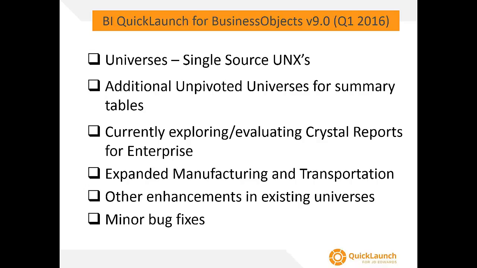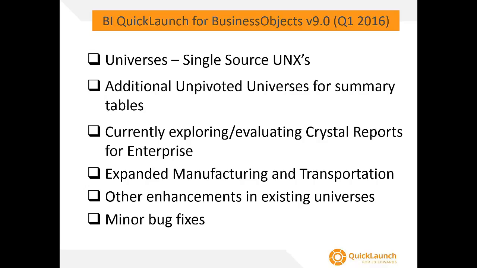Again, as you see, we've been working with Crystal Reports for Enterprise. We may or may not have some pre-built reports on top of Crystal Reports for Enterprise connecting to the universe. We've also expanded our offering and will continue to expand it around manufacturing and transportation, with other enhancements in existing universes, things like adding certain tag files, maybe the 4801T tag file.